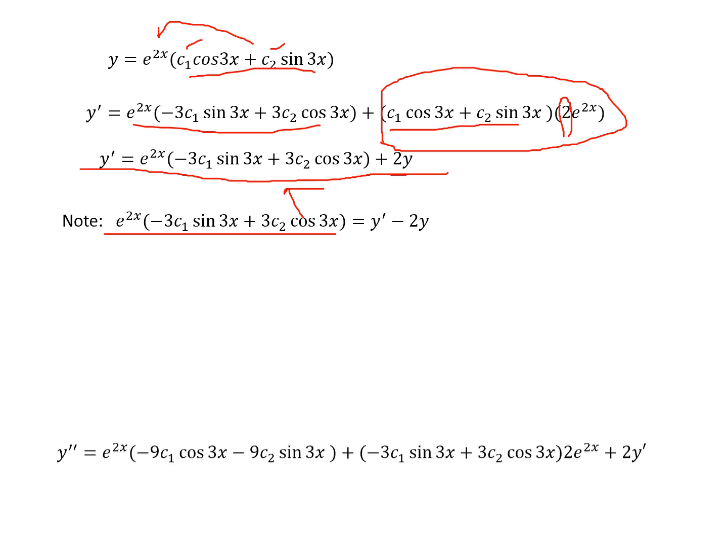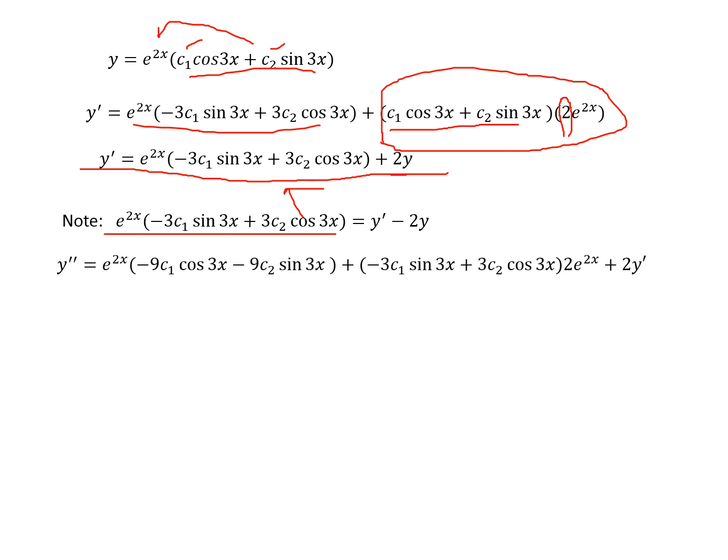Then the next derivative is again a derivative of a product. That is e to the 2x times negative 9c1 cosine 3x, the derivative of c2 sine 3x is negative 9c2 sine 3x, plus again the derivative of a product: this times the derivative of that.